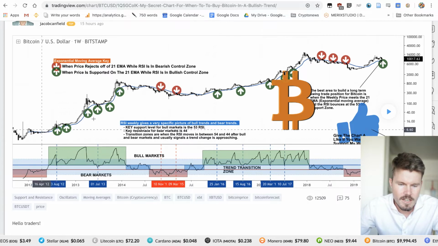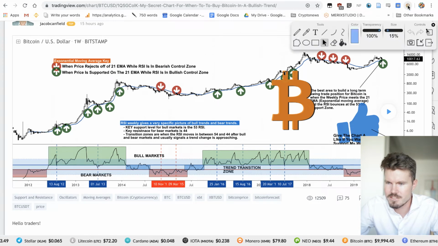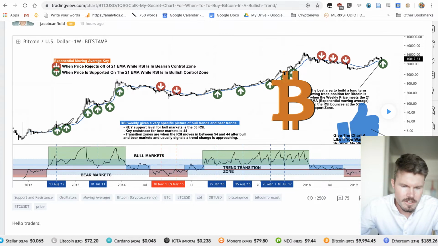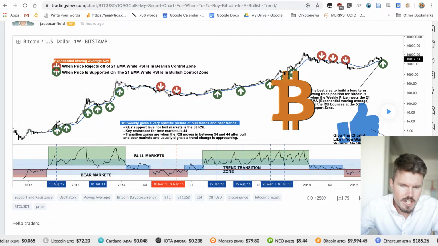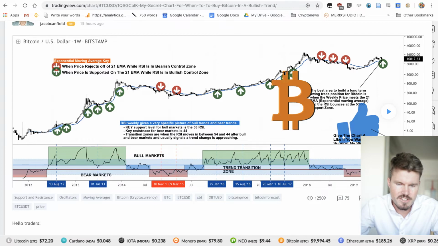And this exponential moving average, I'll get my pen tool here so I can show it to you. All right, so here the exponential moving average. During a bull market, you will see that the price will touch the exponential moving average on many different occasions, as you can see here with these green arrows at the bottom of the line.